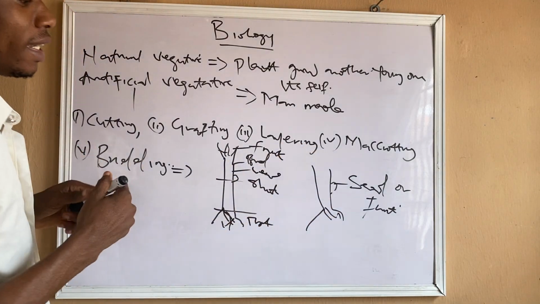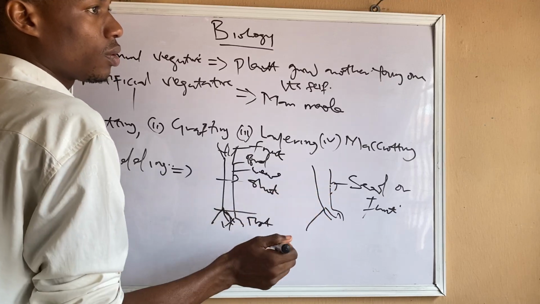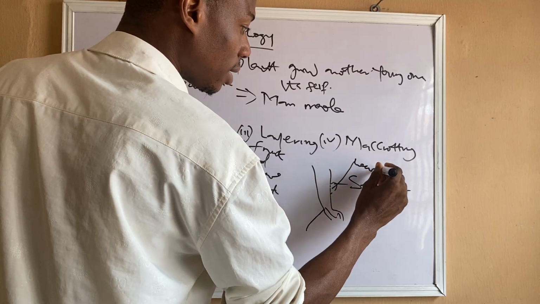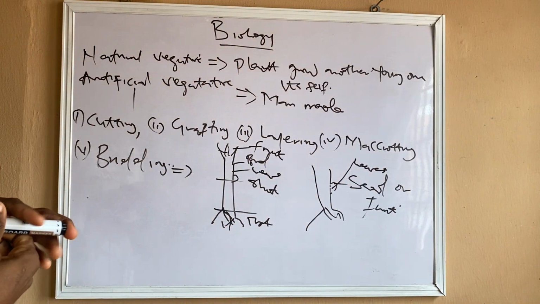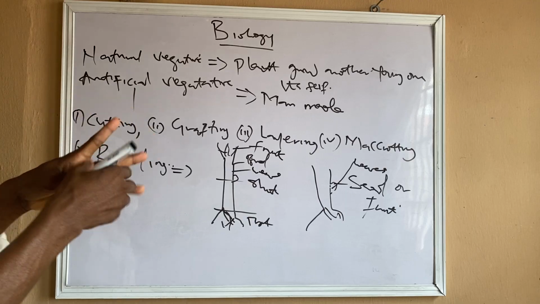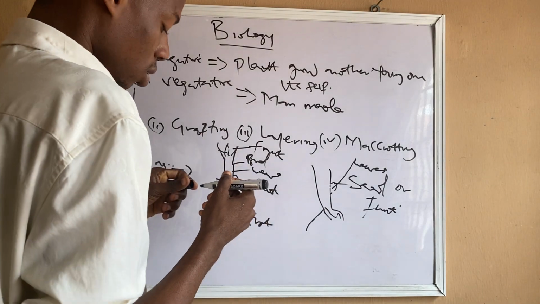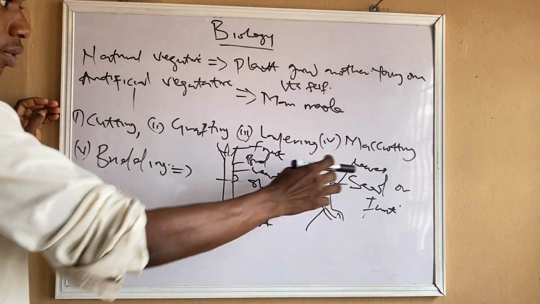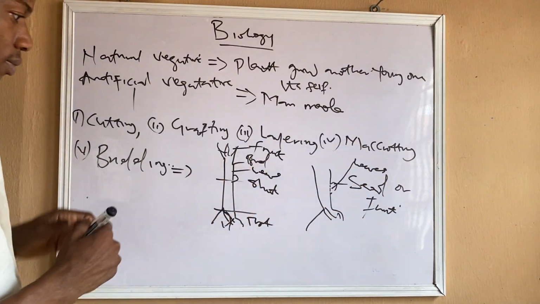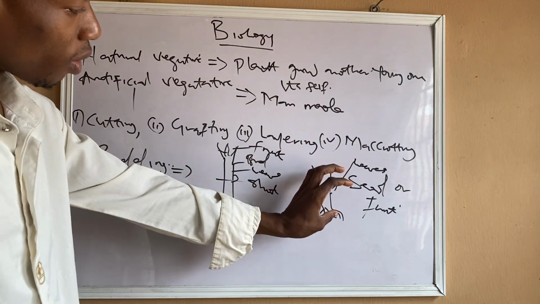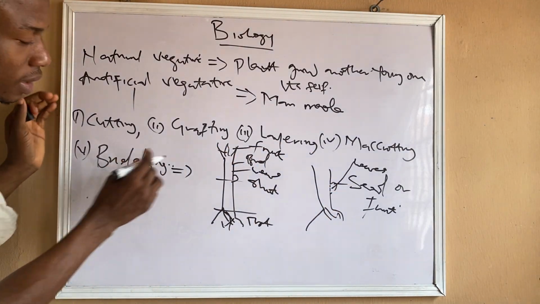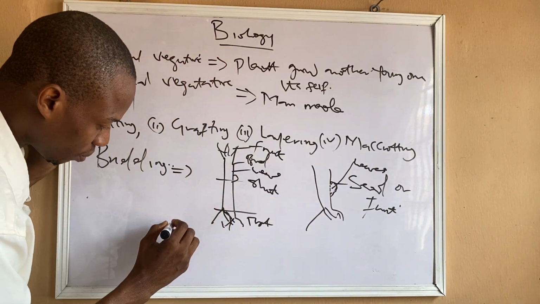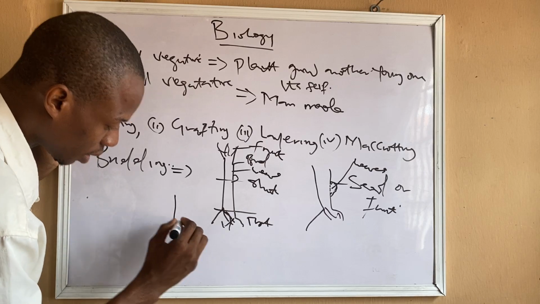The point is that every plant has its bud, because the bud at times brings leaves. This bud in budding is the one that will be cut out. It will be cut in an inverted T shape, like this.